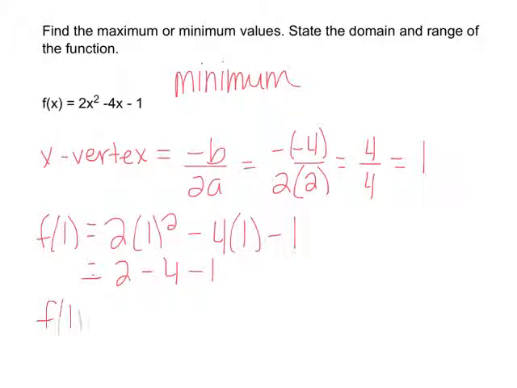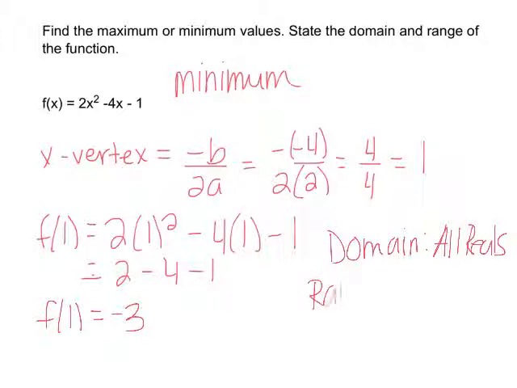So f of 1 equals negative 3. And so my domain is all real numbers. And my range, because I have a minimum, I'm going to have that y needs to be greater than or equal to negative 3.